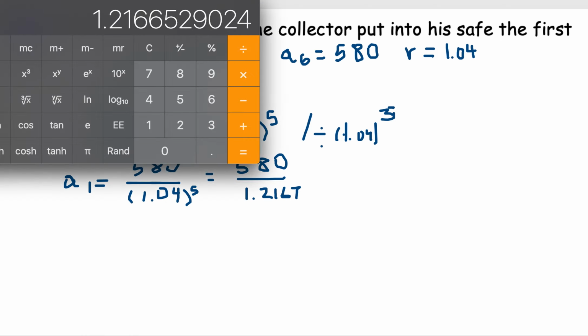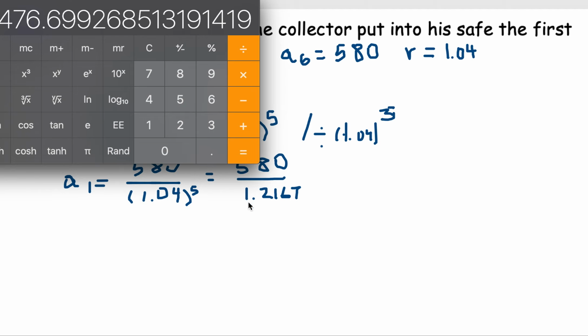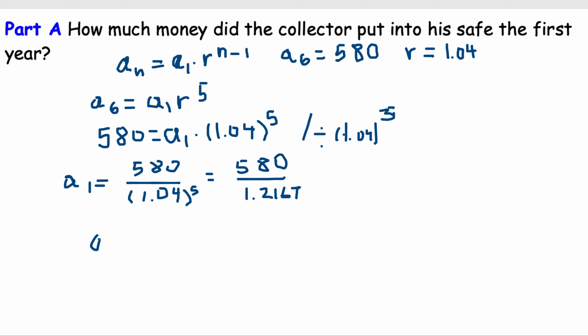And now we are going to divide 580 by 1.2167, which is 476 point something. There are a lot of decimals, but I will round this number. A1 is equal to 476.7, rounded to the nearest tenth. So that is the first term.